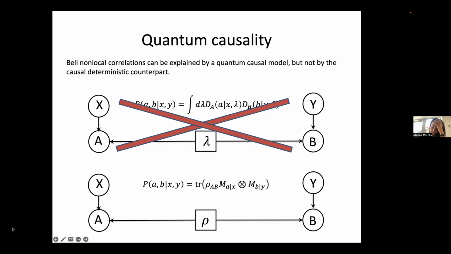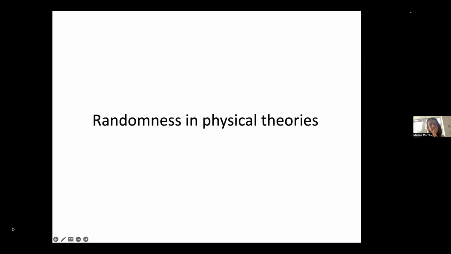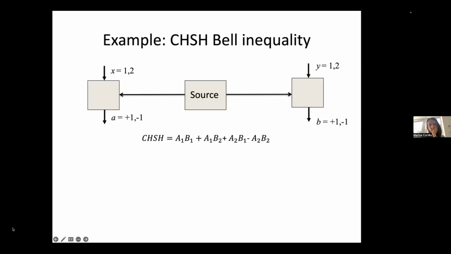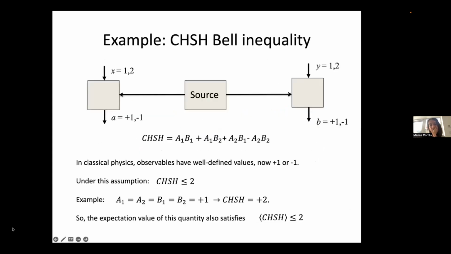You only have a causal deterministic model that has to produce, as Nicolas said, in this Bell scenario, two outputs, and you perform two actions. So everything is finite, but this can be something really, really crazy.